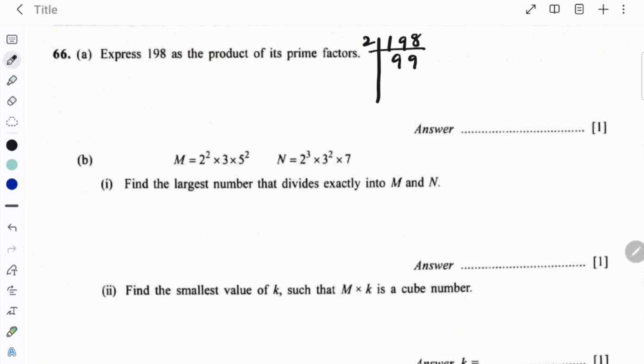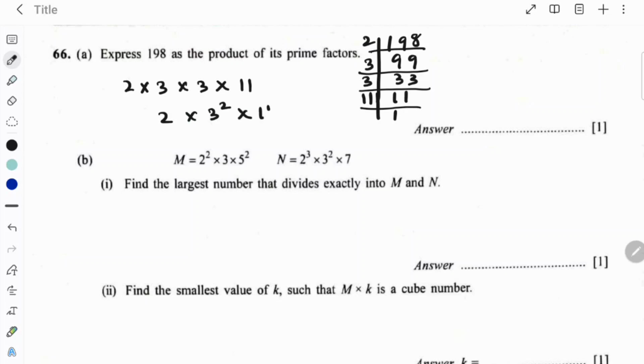So 99 we can divide by 3, that is equals to 33, and again by 3, that is equals to 11, and 11 is a prime number, so 11 times 1 is 11. So 2 into 3 into 3 into 11 means 2 into 3 square into 11.